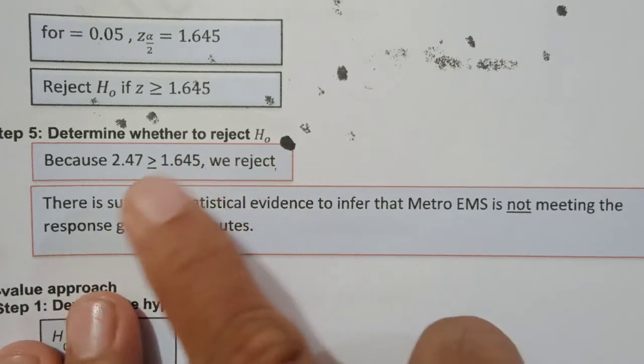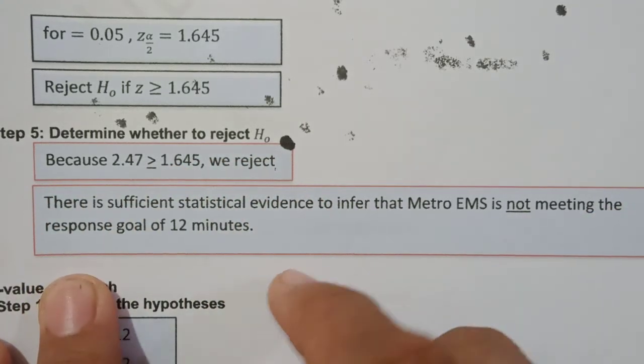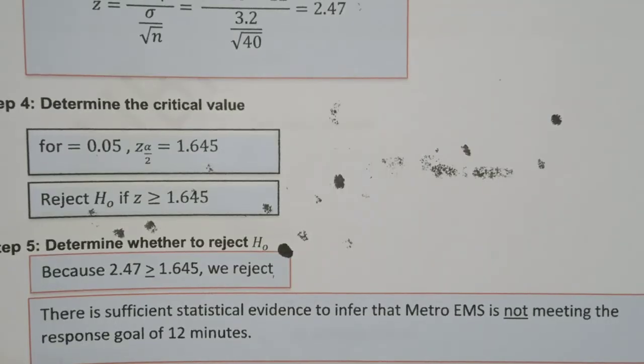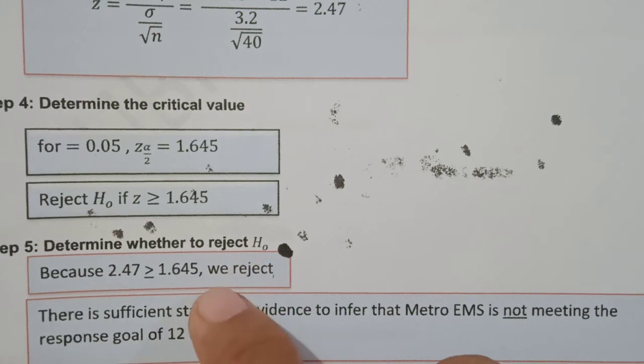So, maaaring hindi lang ganito yung ating statement. Maari din naman: because the computed Z is 2.47, that is greater than or equal to 1.65, that is the critical value, we reject the null hypothesis.